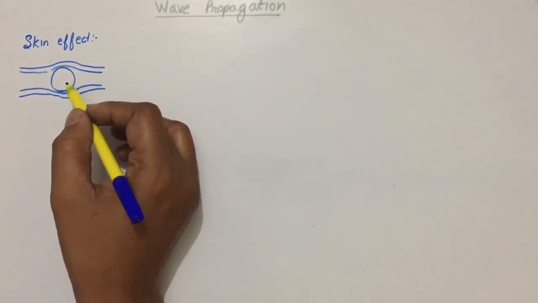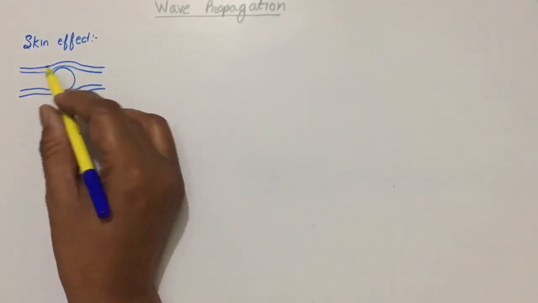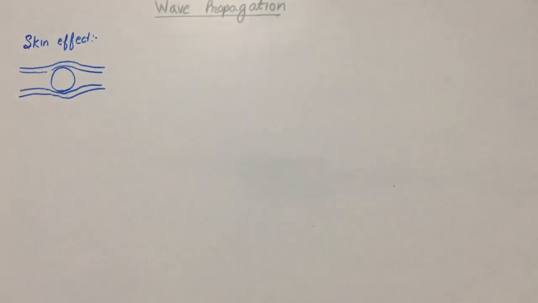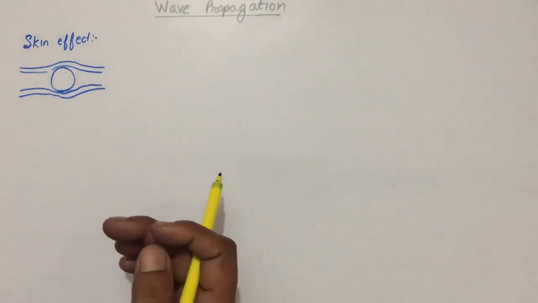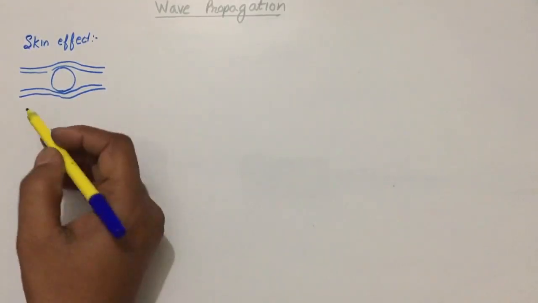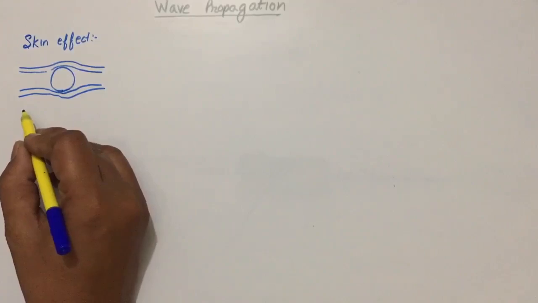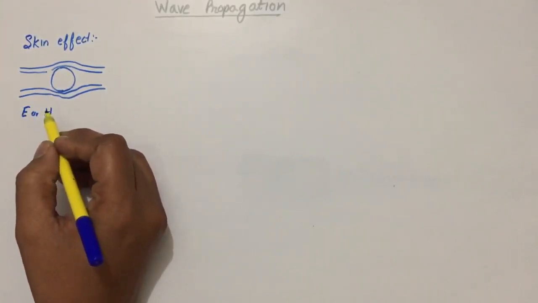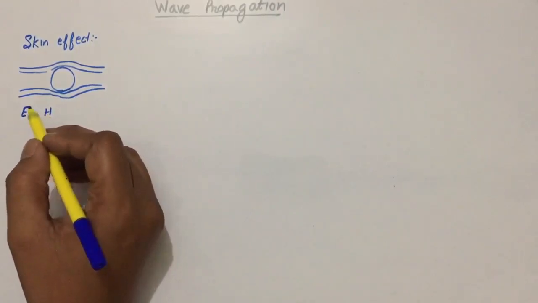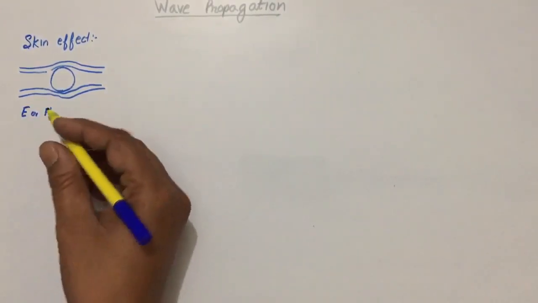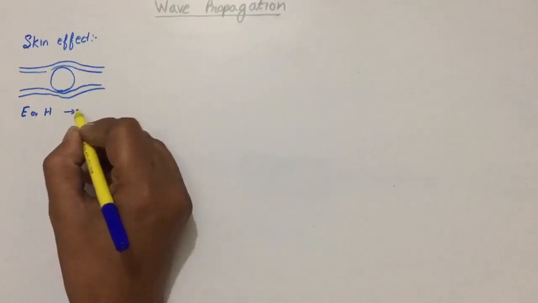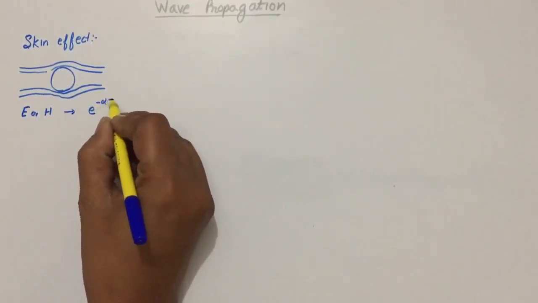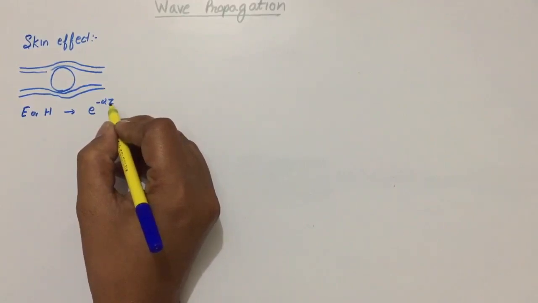We find that the time varying field attenuates very rapidly within a conductor. Now, as the electric field and magnetic field, E or H, travel in a conductor, its amplitude attenuates by a factor of e to the power minus alpha z. We have seen this.